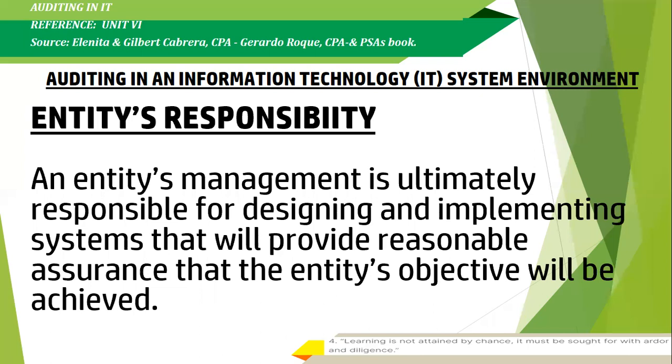Right? Diba? Sila talaga yung may ultimate responsible yan. Kasi nga, kung hindi effective yung magiging internal control nila dyan with regards to IT system environment, malamang maapektuhan yung pag-achieve ng objective nila as a whole, as the objective of the entity as a whole.